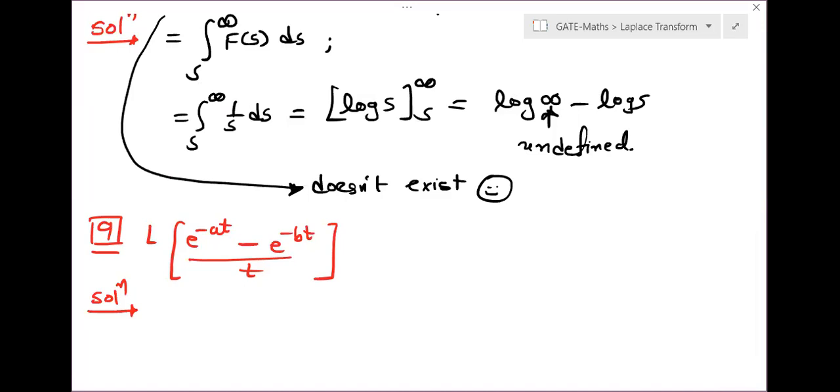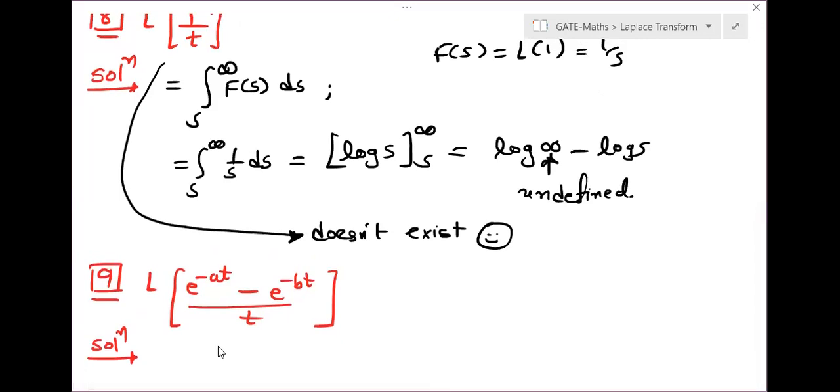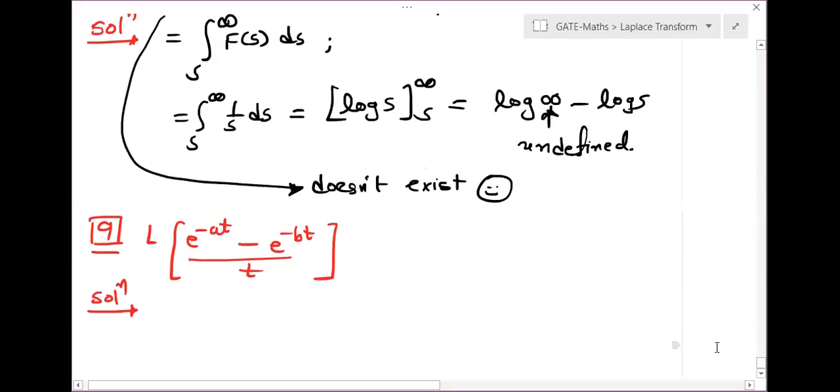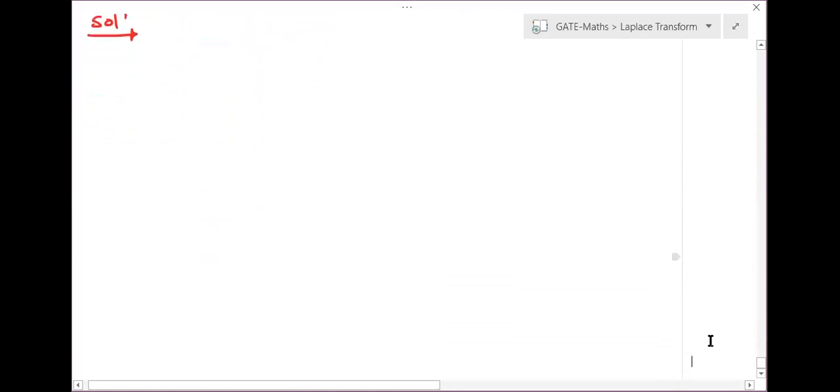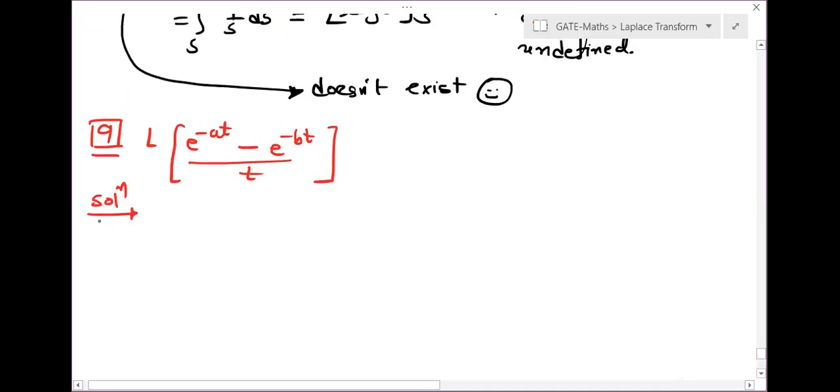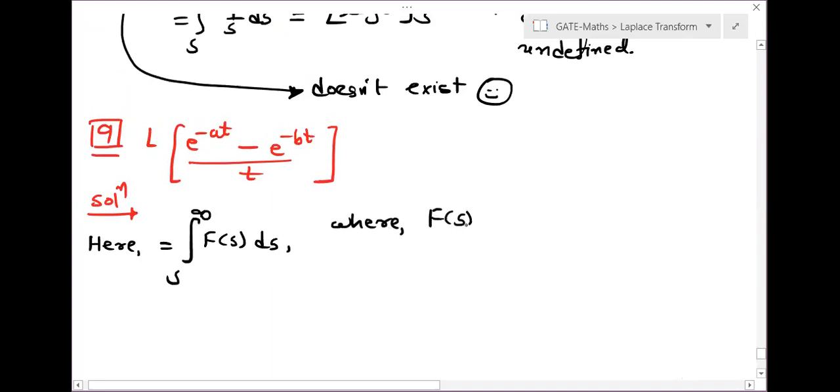Simple, we can use division by t, right? So if we are going to use this division by t, then first we should find Laplace of e to the power minus at minus e to the power minus bt, and then we should apply the integral over there. So here this will become integral s to infinity f of s ds, where f of s is Laplace of e to the power minus at minus e to the power minus bt.